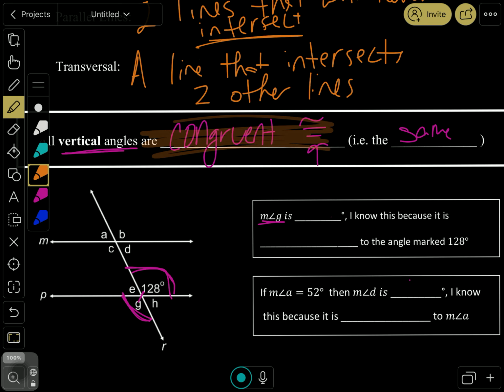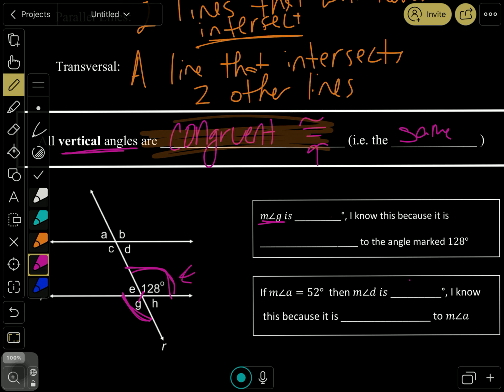So because we know all vertical angles are congruent, they are the same. If I see that this angle is 128, I know this angle must be 128 degrees as well. I know this because it is congruent or vertical to the angle marked 128. So we can write in vertical or we can write in congruent there.